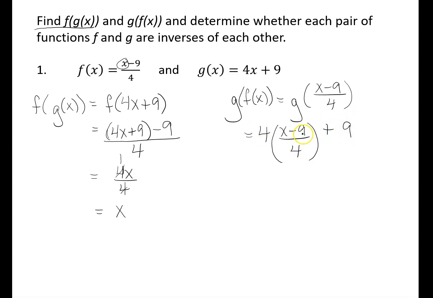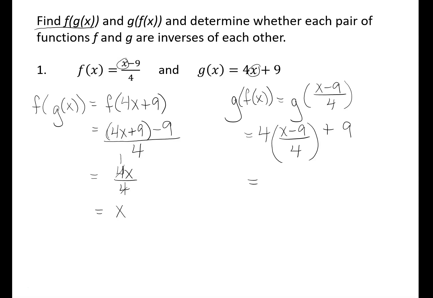So this looks like g, except the x has been replaced with what we have in the parentheses. Now when you simplify these, make sure you simplify correctly and show all the work. If you skip steps and just go to the end and say equals x, you will not get credit.